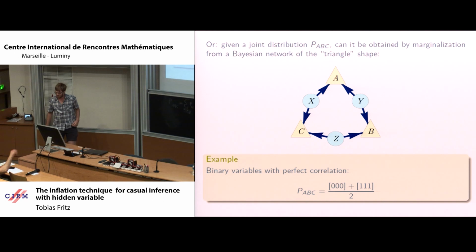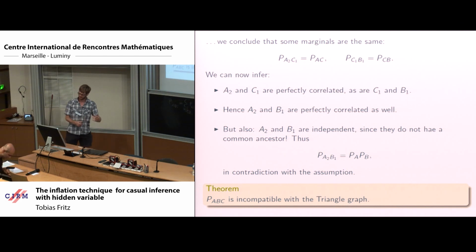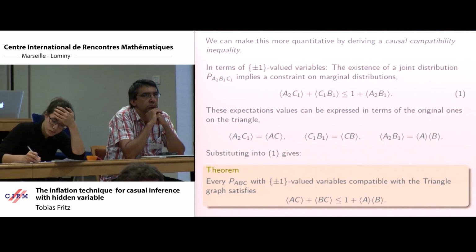How would you modify the argument if you perturb this distribution a bit? Yeah, that's on the next slide. This only works for this particular distribution. But the nice thing is that we can also make this argument quantitative by deriving an inequality that must hold for all distributions that are compatible with the triangle causal structure. It's basically the same reasoning.